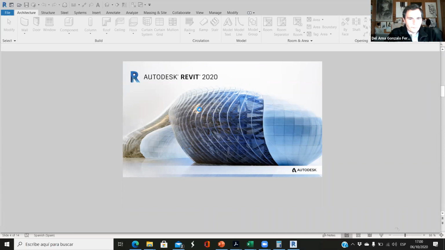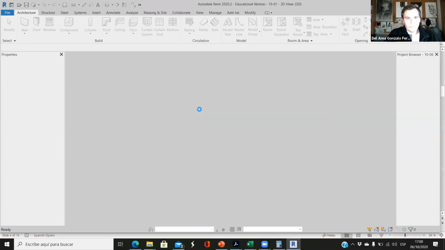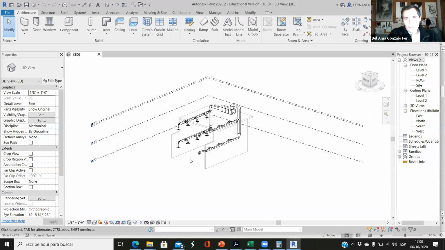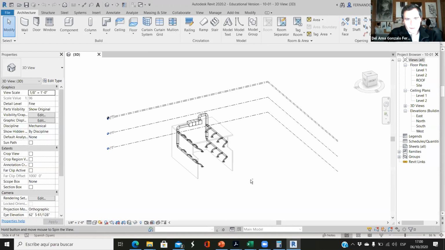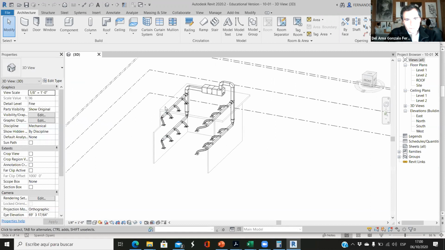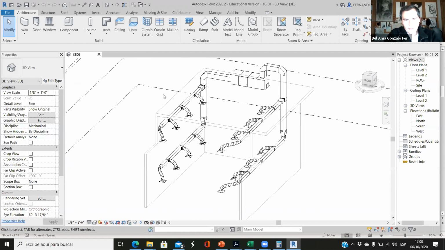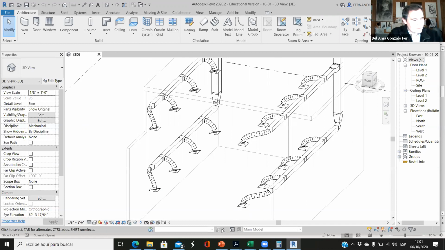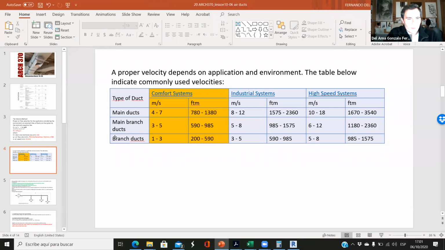Takes time. Okay. So if you remember the masterpiece we designed on Thursday, looking at this, what is the branch duct? Something that is close to people with the lower velocity is.